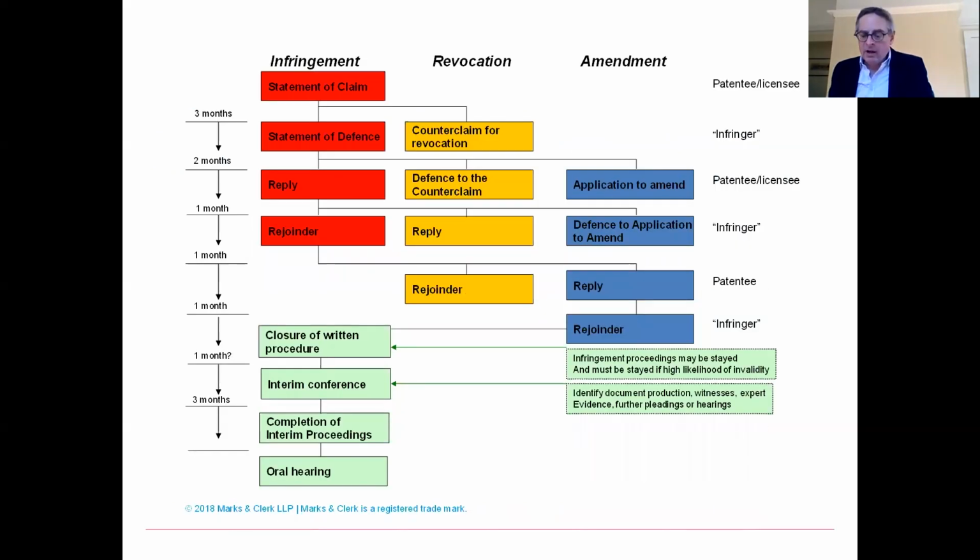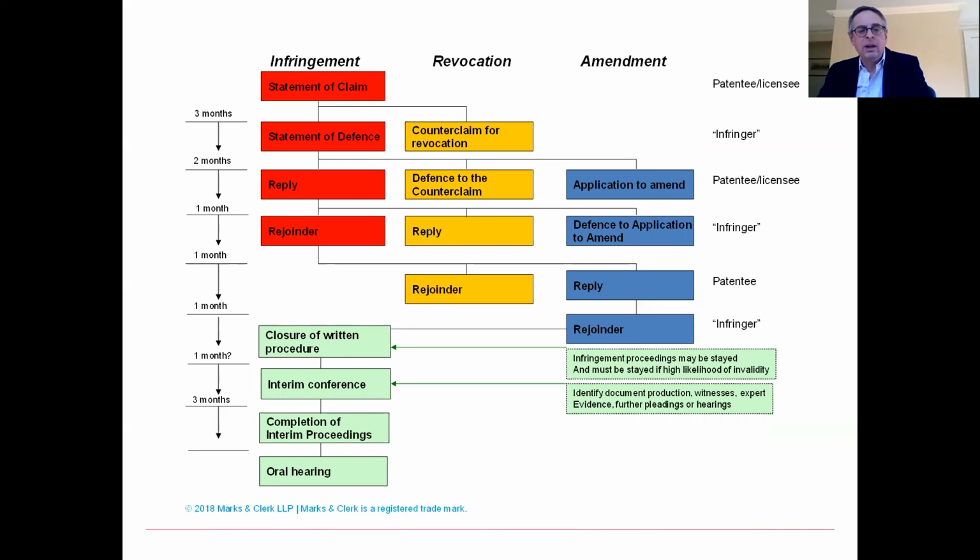Final slide. I'm not going to spend a lot of time talking about this, but this will be a useful reference slide as it sets out an example for how cases can proceed in the UPC. What you can see is that there are essentially three main strands to litigation that will proceed in parallel: infringement, revocation, and as a response to a revocation claim, very often the patentee may choose to apply to amend the patent.